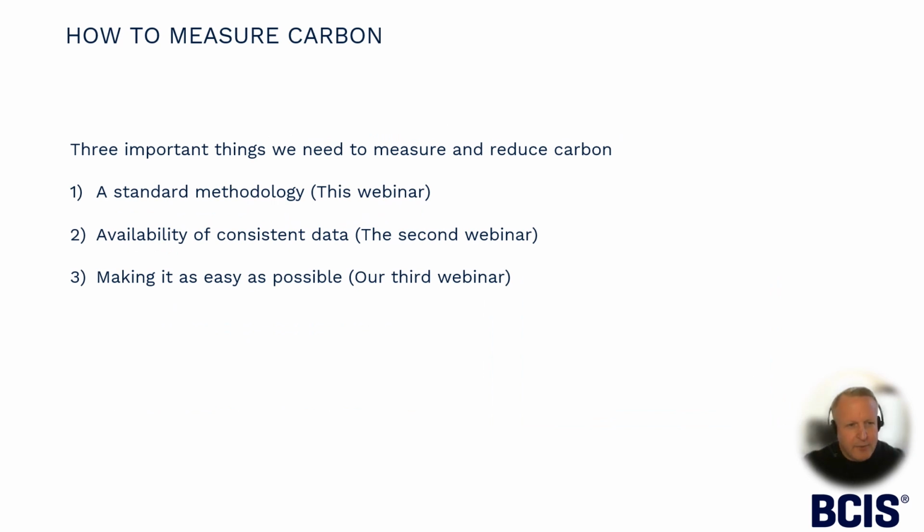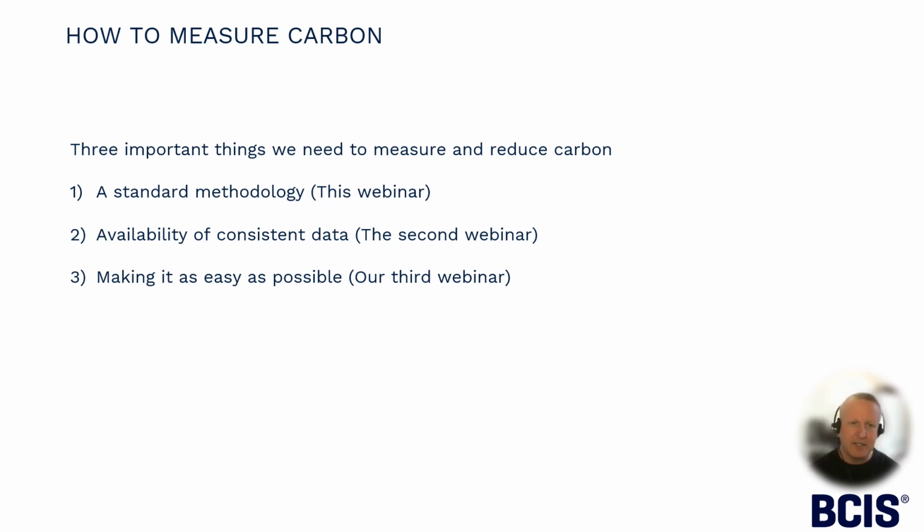Okay, so basically speaking, the challenge that we have in the industry at the moment is that if you ask 5 different carbon accountants, if I call carbon accounting a profession, to do an assessment of the same building, you're going to come up with 5 different numbers at the moment, which is a bit of a problem. Now, that's not necessarily that one of those carbon accountants is better than the other.